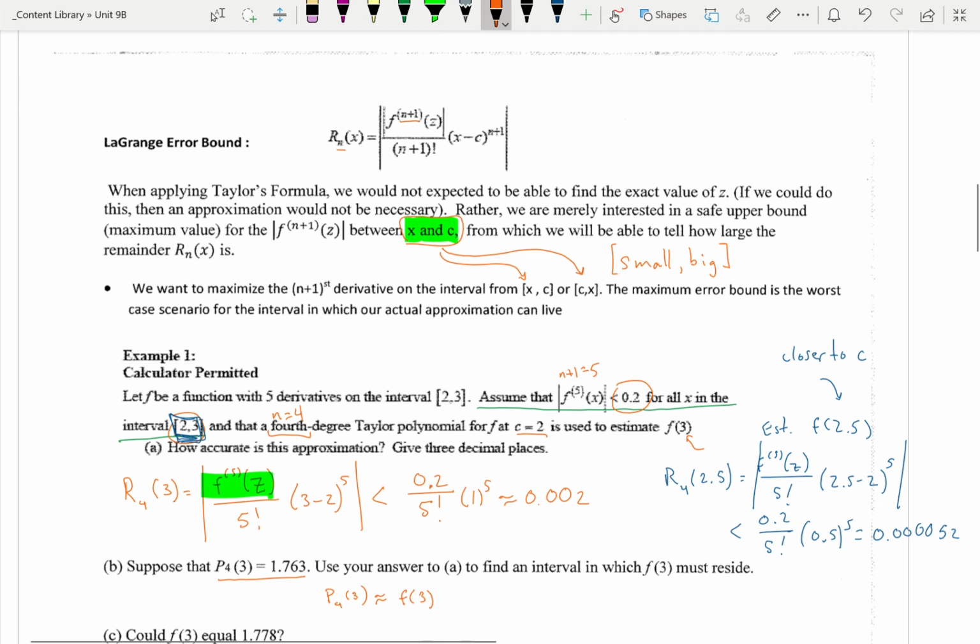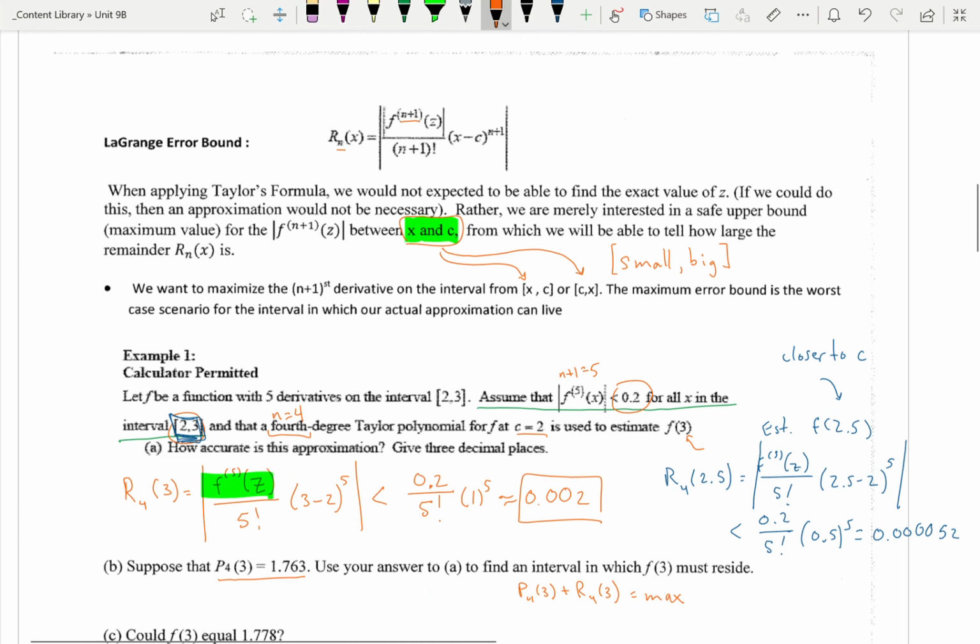We're using it to approximate that unknown function f. So what do we do with that error? Well, that error tells us that the difference between those two has to be no greater than 0.002, right? That's what we found up here. So basically we're going to say that P sub 4 of 3 plus R sub 4 of 3 is our maximum possible value of f of 3.